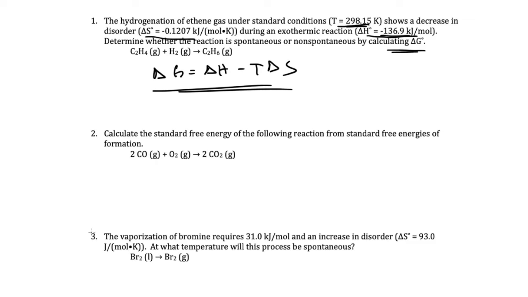Where it gets a little tricky is this one right here, because this one you have delta S is positive, and the vaporization, that's going to be a phase transition, and phase transitions are going to be a delta H value, and so this would be 31 kilojoules. This is in joules, so you got to watch your units there. So that's 31, and then delta S is going to be 0.093, because I'll have to convert that.